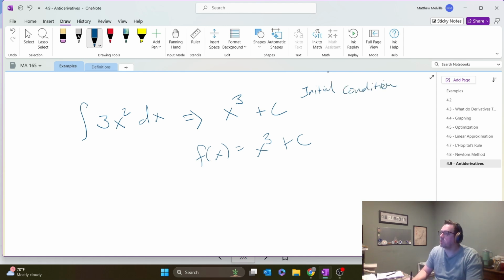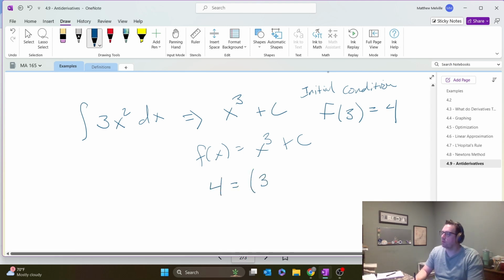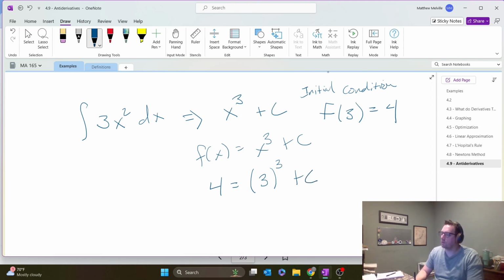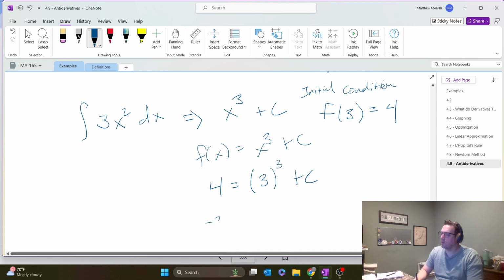So the initial condition is basically when I say, okay, I want the antiderivative if I know that f of 3 is equal to 4. So that is my initial condition where I say, okay, well, f of x equals 4 equals 3 cubed plus c. So that's 27. So I'm going to subtract 27 over, so that's negative 23 equals c.